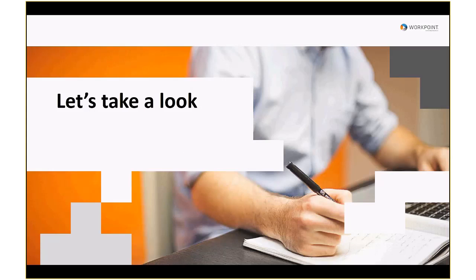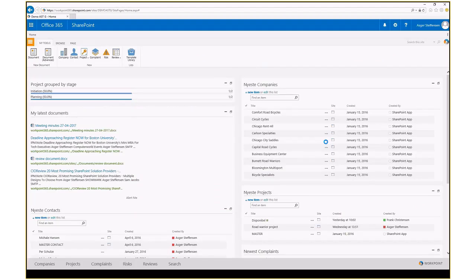So let's take a look. I'll switch to my browser. I have here a demo environment, a little solution with a few modules, a bit customized, but the main thing we want to look at here is the search pane.